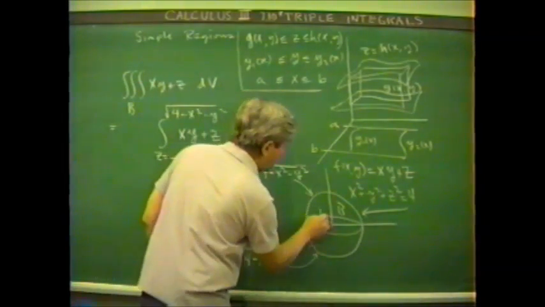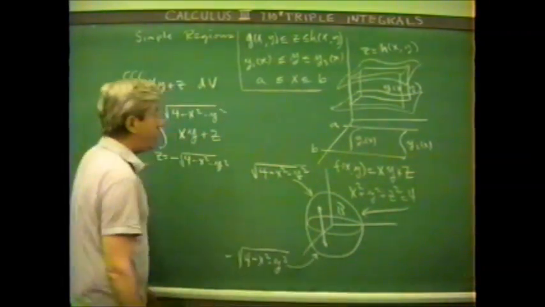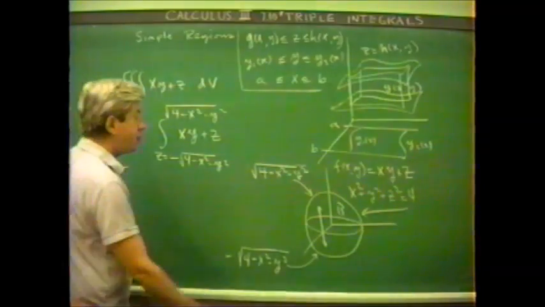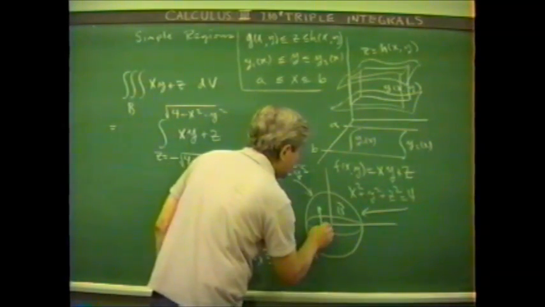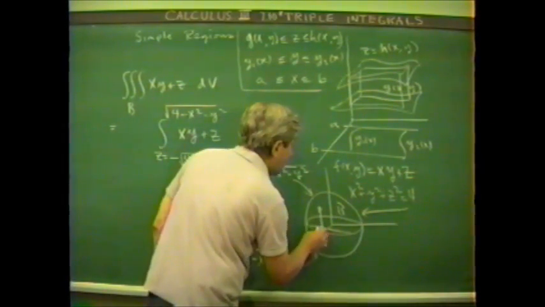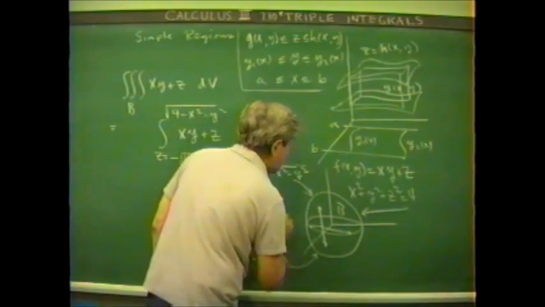When we've done that, we will then have produced an integral from the bottom to the top at each point x and y, say from this side to this side.